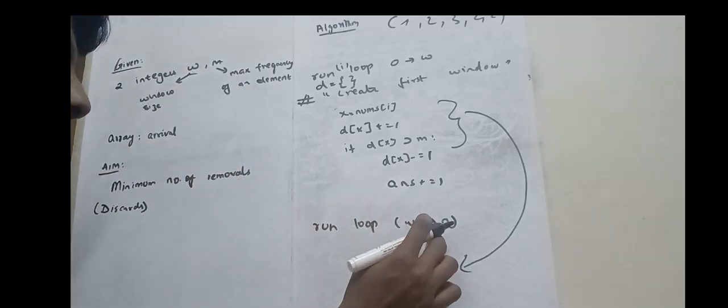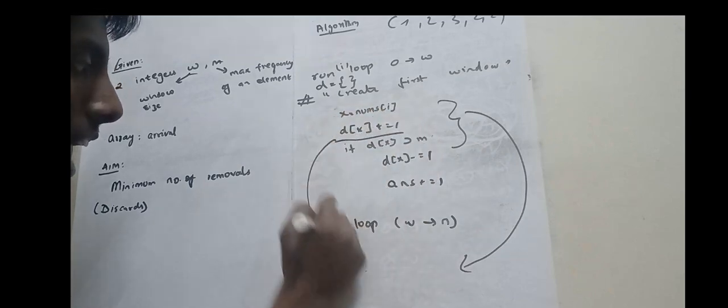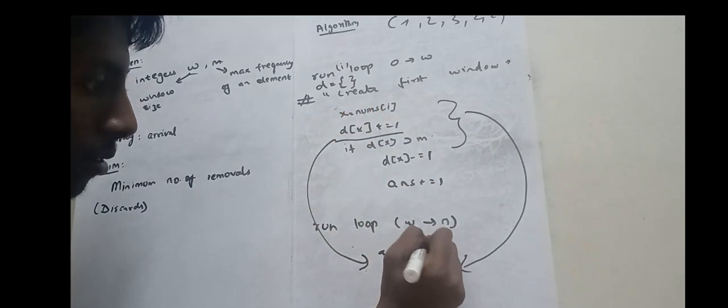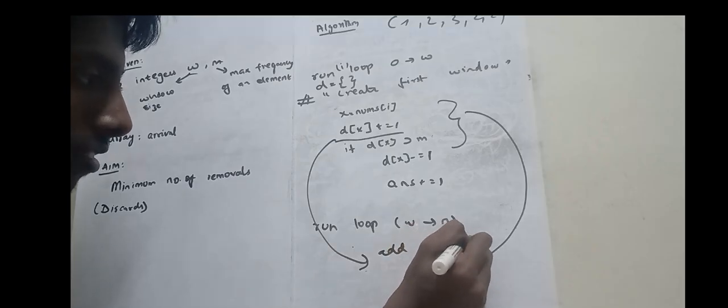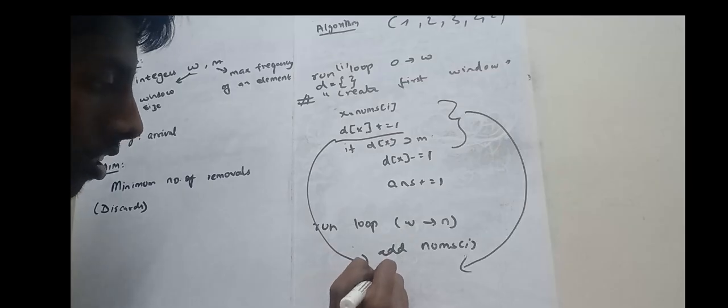Now you again run a loop from w onwards and perform the same operation. Just one addition is that you'll be popping now. You'll be adding the elements like this. You'll add it over here. Add nums of i. So that's the rightmost index, and then you will pop the leftmost index.